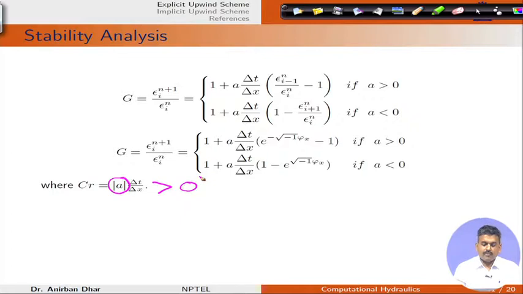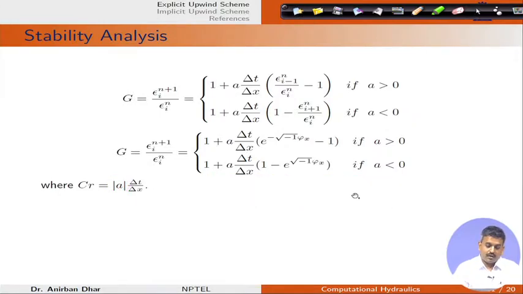Now, the problem with this one is that in this case, if A is negative, we can write this equation as 1 minus modulus of A into delta t divided by delta x, 1 minus e to the power minus i varphi x, only for negative value.